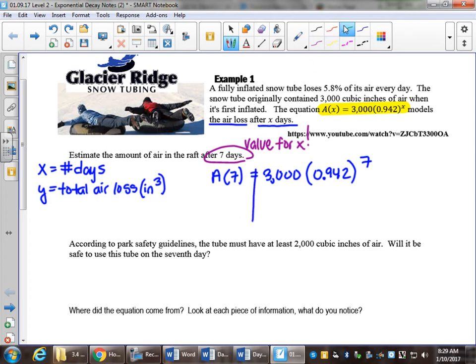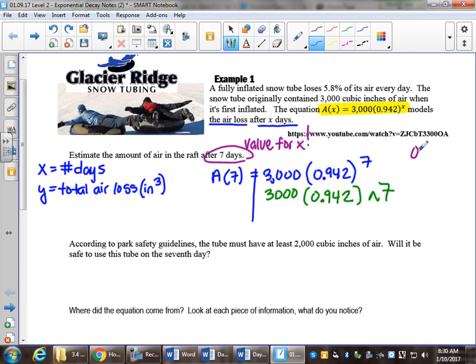So in your calculators, in green, I'm going to put what you need to type into your calculators. 3,000, parenthesis, 0.942 caret 7. On a phone, if anybody's using a phone, you're going to have to do this a little differently.